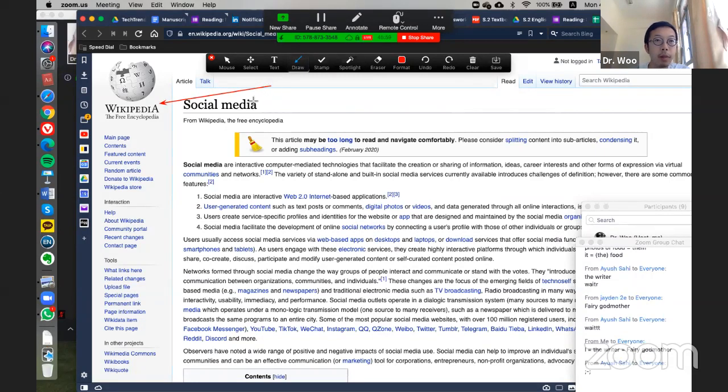And it has a page, the article page. Do you see the word article here? The article title is called social media. It begins with social media. So this person's also confused.